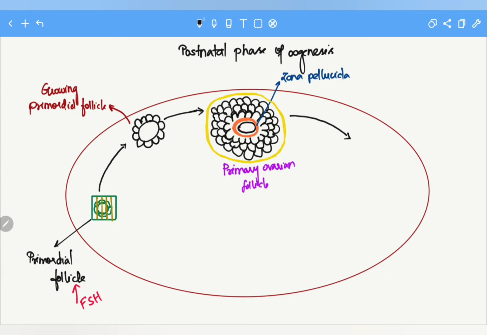What happens in the next stage? This is the primary oocyte. It is surrounded by a glycoproteinaceous layer called the zona pellucida, and some of the cuboidal epithelial cells are closely packed with the primary oocyte along with the zona pellucida.